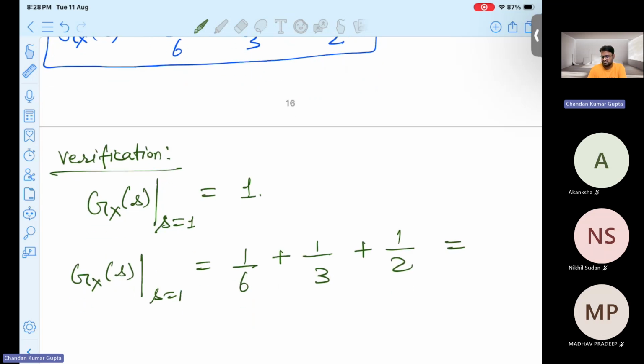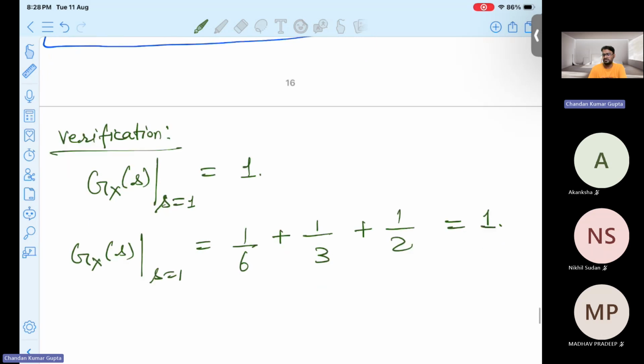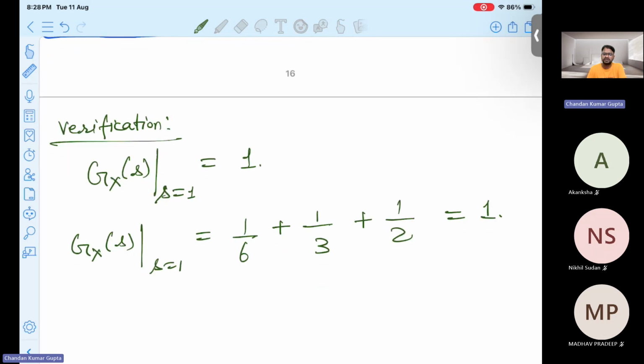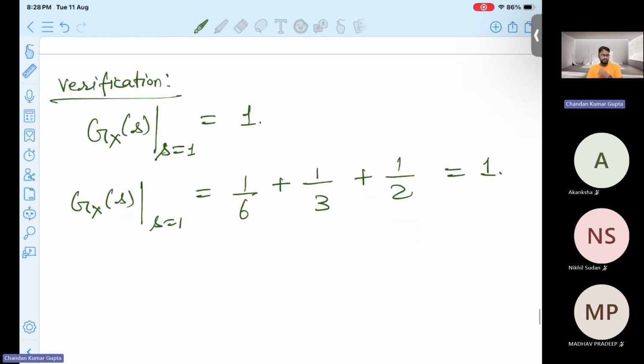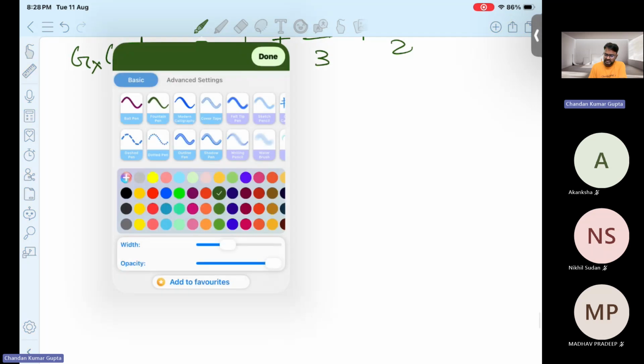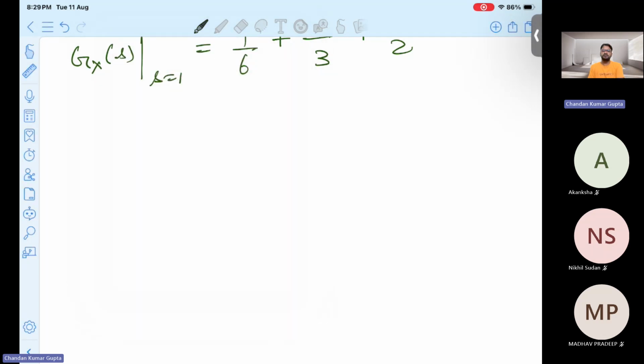So obviously, it's 12 by 12, which comes out to be 1. Okay, so this means it is a valid generating function for the given PMF. Okay, so any doubt up to this point? Okay, next question is again one property.